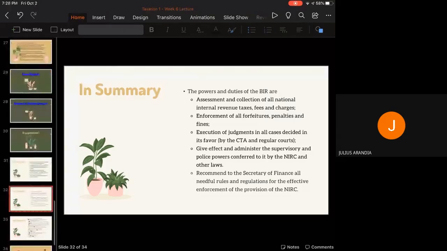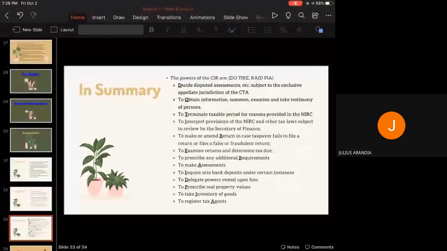The powers of the CIR, so take note of this mnemonics, is quite a lot, but the most important thing there is in relation to assessments: obtaining information, summon and examine testimony of persons in determining assessments of tax due, termination of the tax period, interpretation of the NIRC or other tax laws, to make assessment, to inquire into bank deposits under certain instances, prescribe real property values.